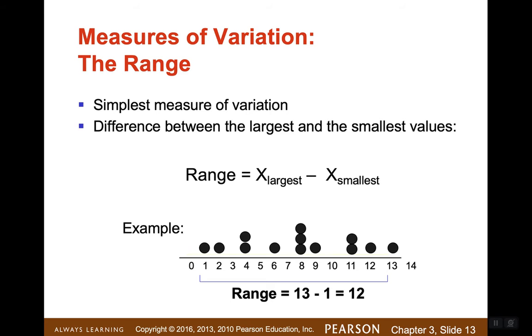In this case, our highest value is 13, our lowest value is 1. 13 minus 1 gives us 12. So it's a very simple thing. It's an easy way to get some information about the nature of what we're dealing with. It doesn't tell us everything, but it gives us at least a starting point.